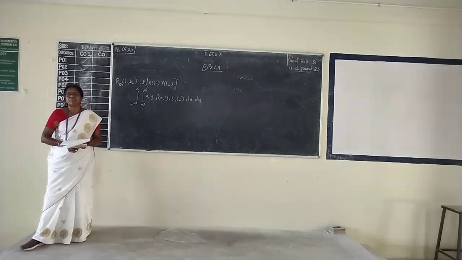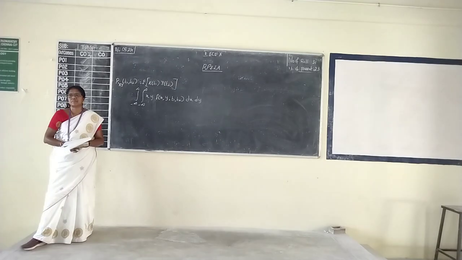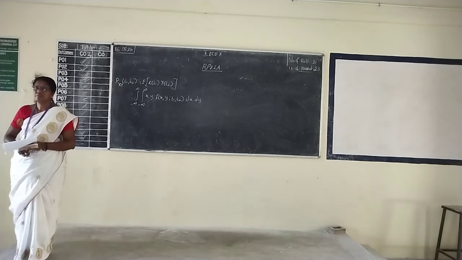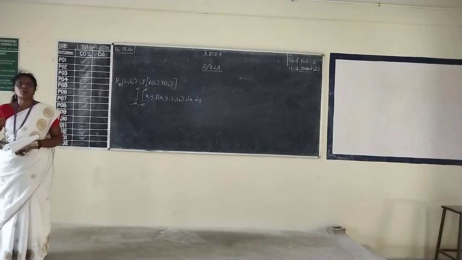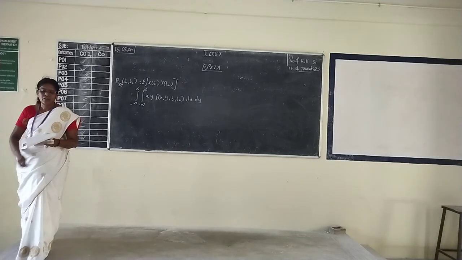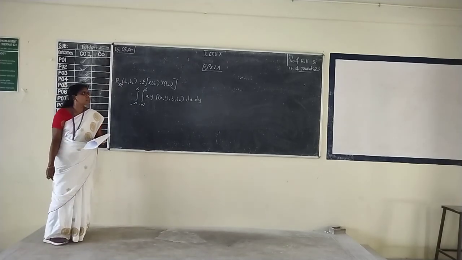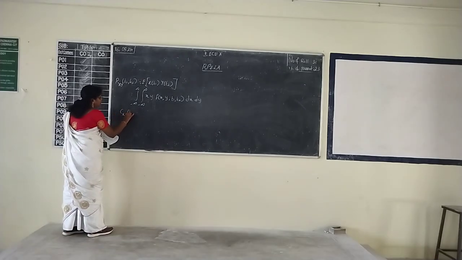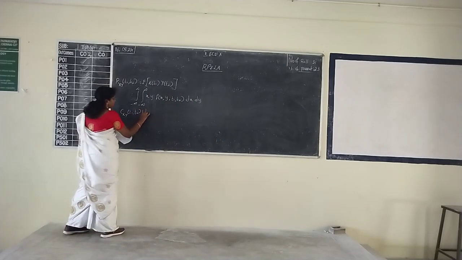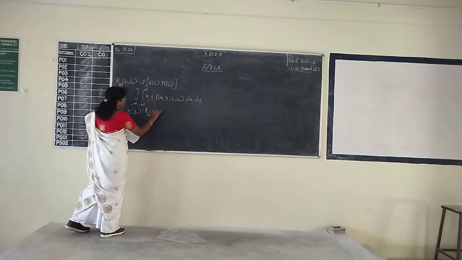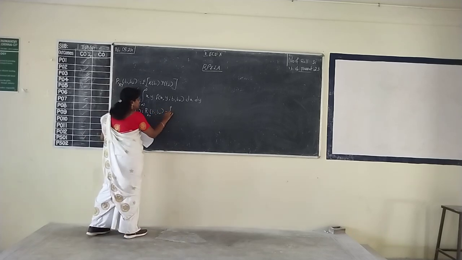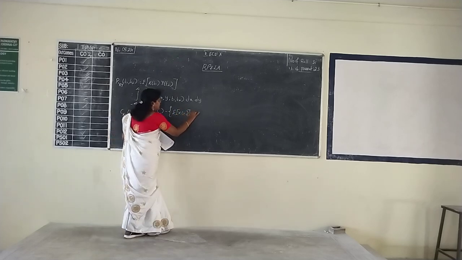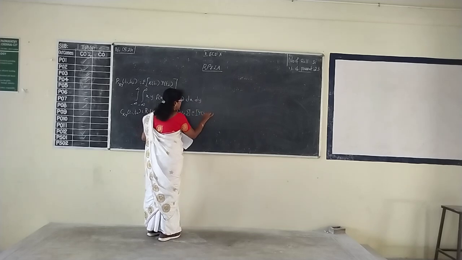Read the next one. Cross covariance. Cxy of t1 comma t2 is equal to Rxy of t1 comma t2 minus expectation of x of t1 into expectation of y of t2.